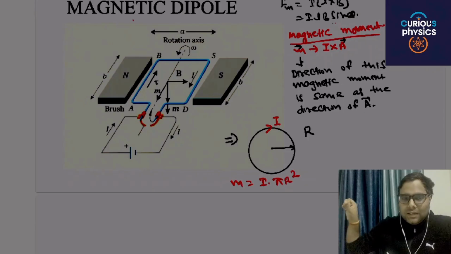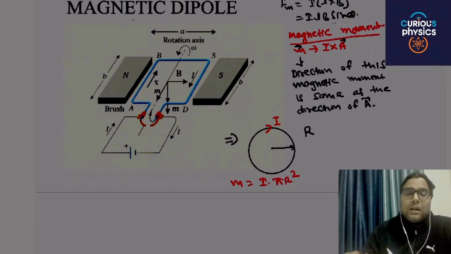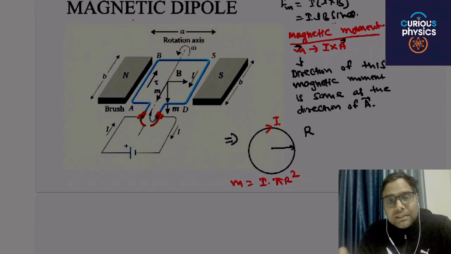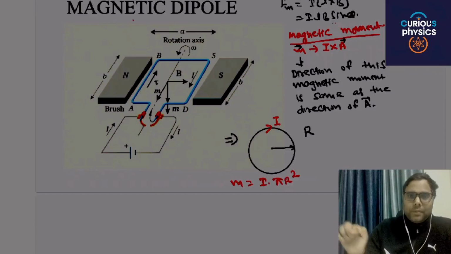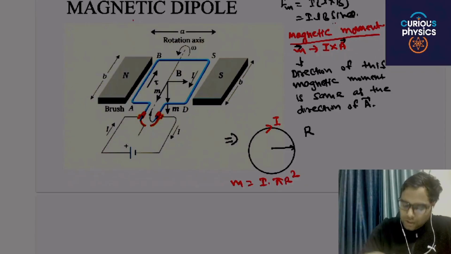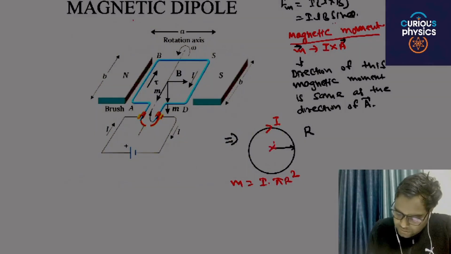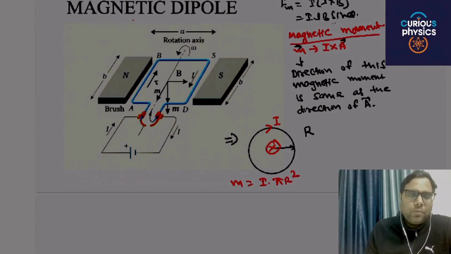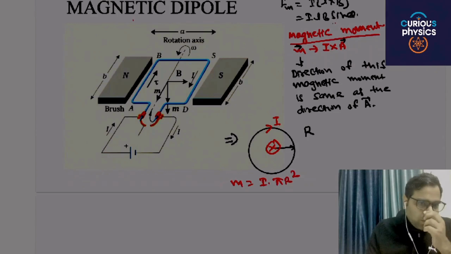In this case, the current is in clockwise direction, so the direction of the magnetic moment will be inside the paper. The direction of the thumb is inside the paper. Are you able to understand my point or not?